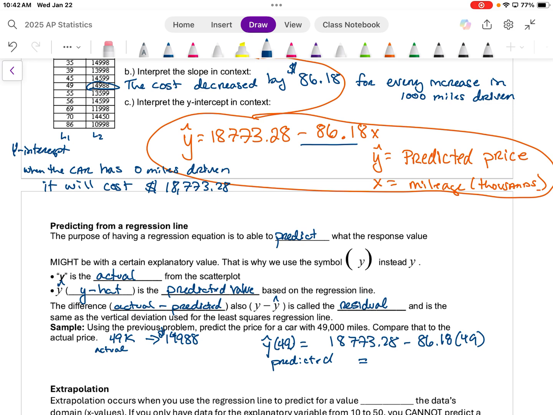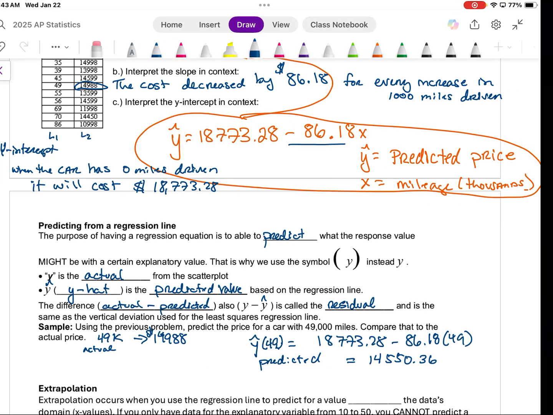Did you get something like this? Did you get something around 14,550.36? Did you get that as the amount when you actually typed in 18,773.28 minus 86.18 times 49? Did you get about that? And I'm going to split screen and bring my calculator back up on my screen.